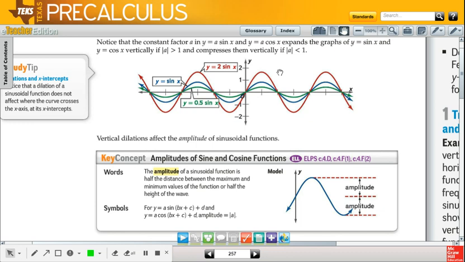Now, it would be a vertical compress if the absolute value of a is less than 1. So that means not negative, because when we're taking the absolute value of a number, we're just talking about the positive number. So for example, if it's less than 1, such as 0.3, 0.9, 0.8, that's less than 1, so it's going to vertically compress.